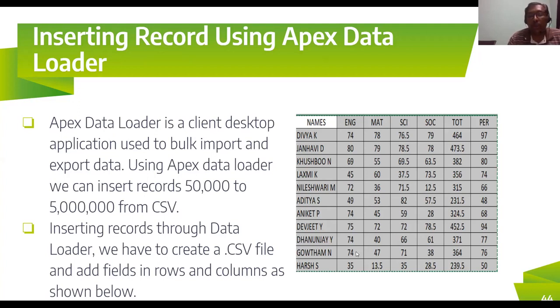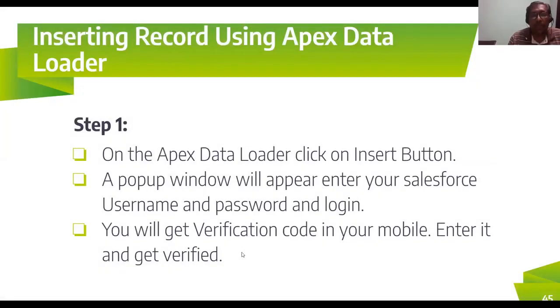I'm going to insert records like names of the student, subject 1 mark, subject 2 marks, subject 3 marks, subject 4 marks, total and percentage into my student object. At the maximum, I can insert 5 lakh records. Now let me see how to insert the record step by step.